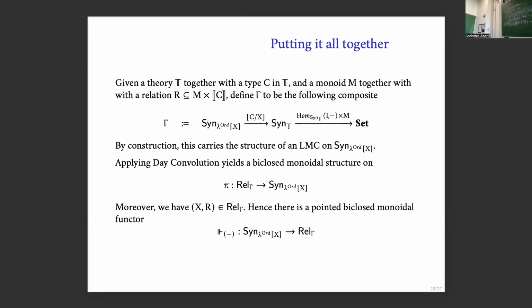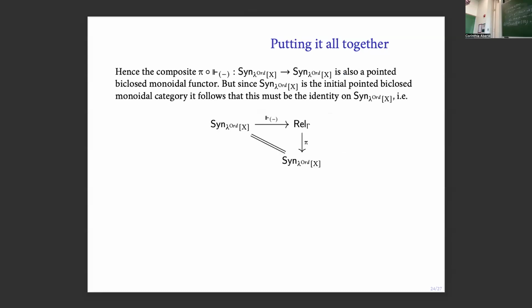And so in particular, by the initiality of the syntactic category of lambda x, that gives us a pointed biclosed monoidal functor from the syntactic category of lambda x to the category of relations. And because this pi functor is also a pointed biclosed monoidal functor, the composite of those two is also one, and it goes from syn of lambda x to syn of lambda x.